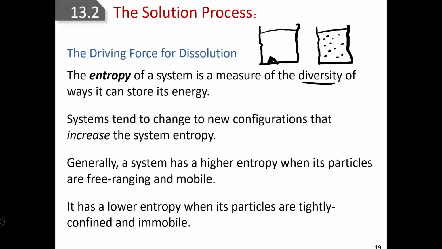So that's diversity of ways. What they're really trying to get you to think about is statistical analysis, that there's much more varied probability of positions than in this diagram here. So that's what they want you to think about.